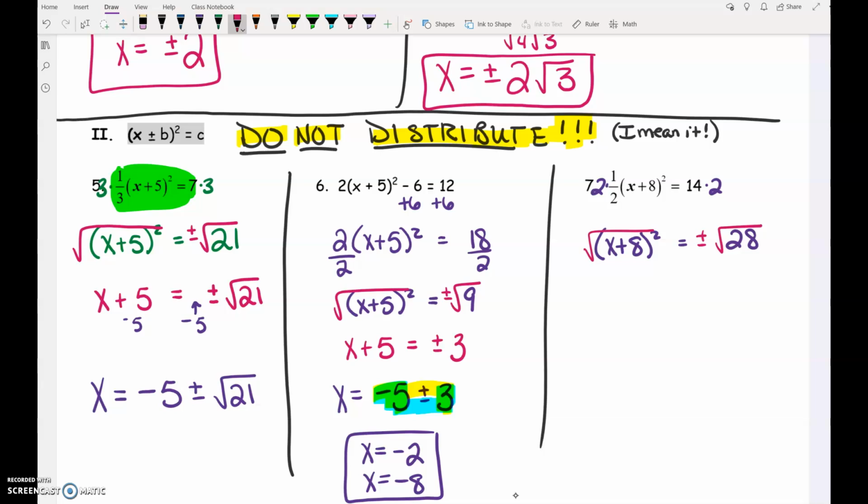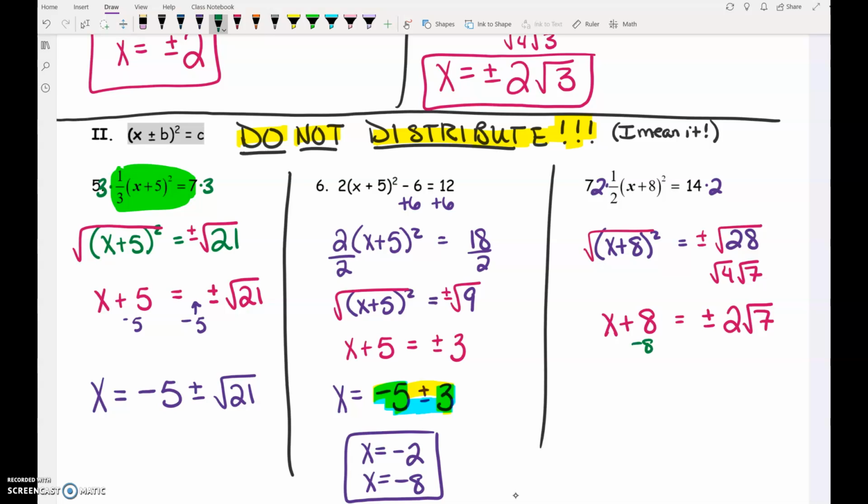What numbers should we break it into? 4, 7. So 2 square root of 7. X plus 8 equals positive or negative 2 times the square root of 7.